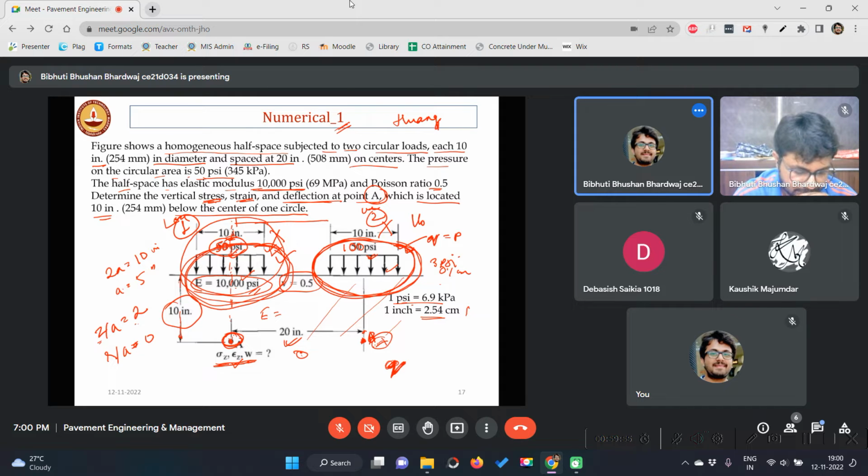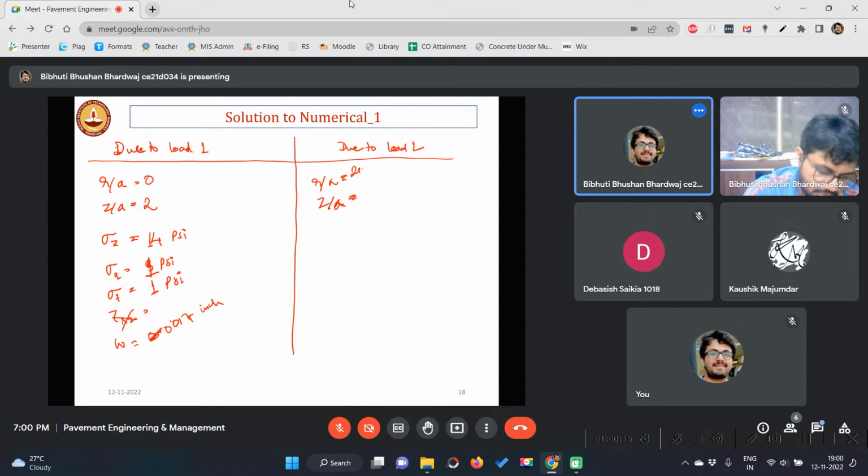Sir, 4. Yeah, R is 20. It's radial distance, right? So load group is this, your center line will be this. So from here it's 20 inch. A is 5. So R by A will be 4. 20 by 5, 4. What will be Z by A?